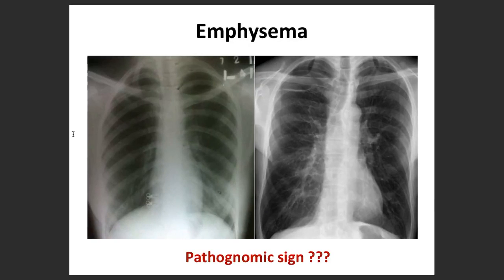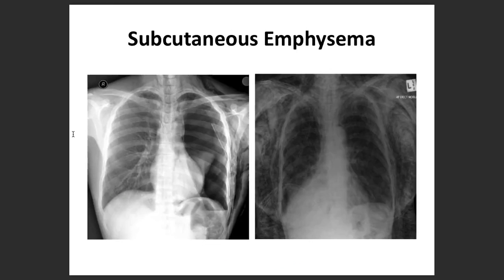So this is the emphysema. So how do you diagnose emphysema? Blackening of lung, hyperlucency. Good, good, good. And then air trap cavity. Wonderful, wonderful.